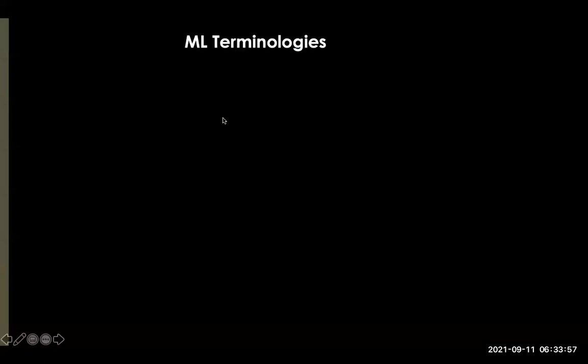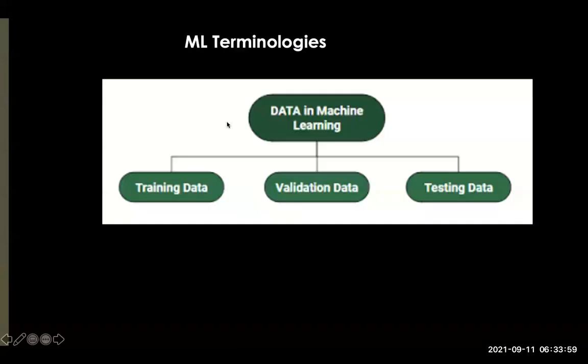So let's look at some machine learning terminologies that we're going to look at today. You have data. The goal is to build a model to predict whatever outcome that you want to get. So you are not just going to throw the whole data at the algorithms and build a model.